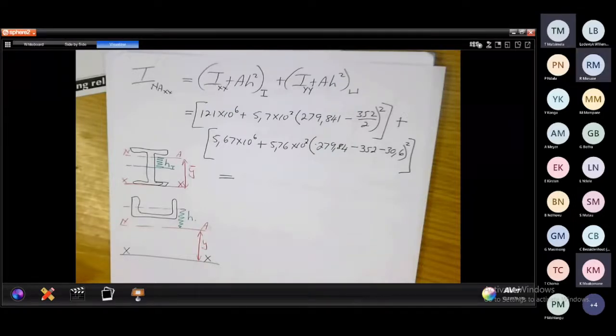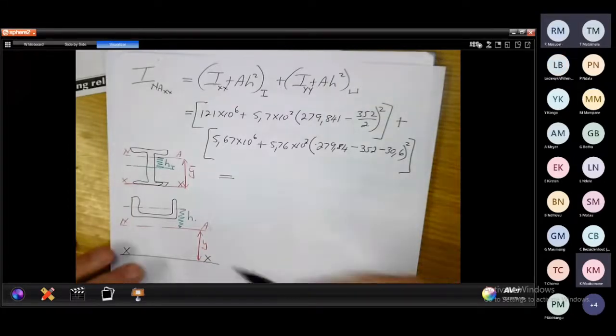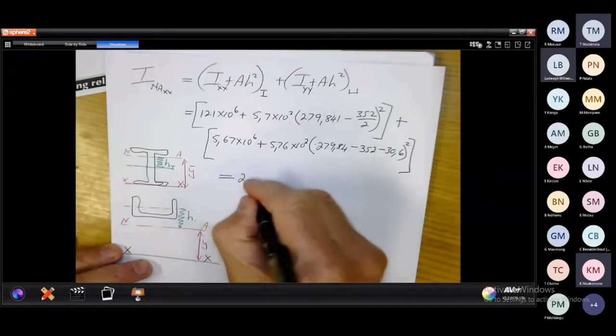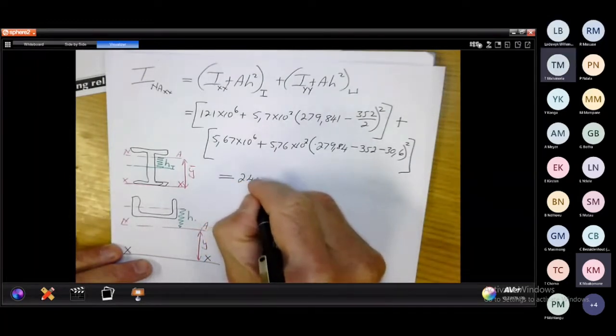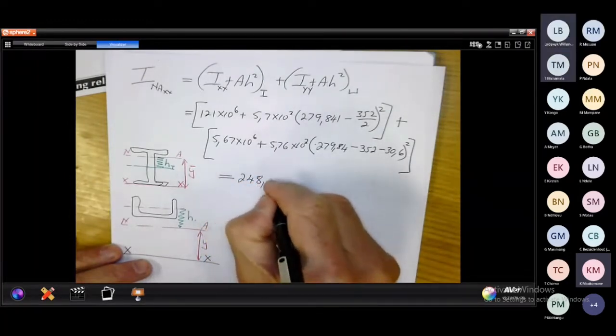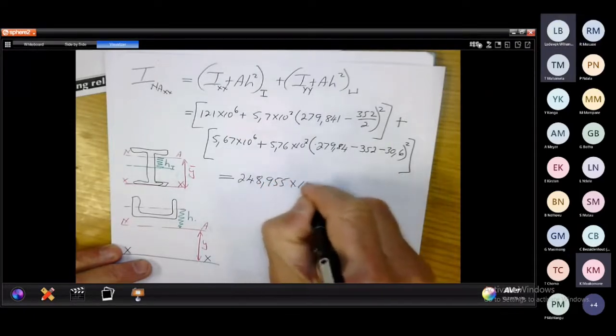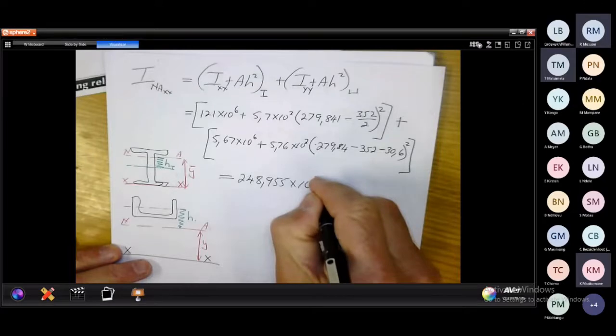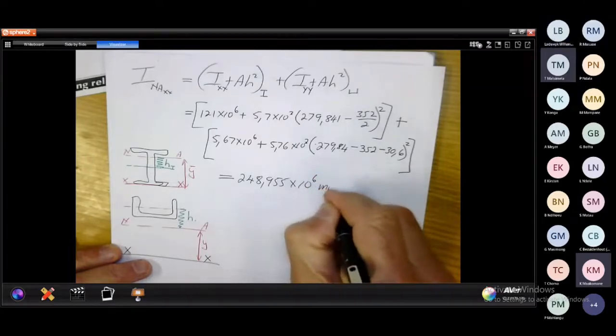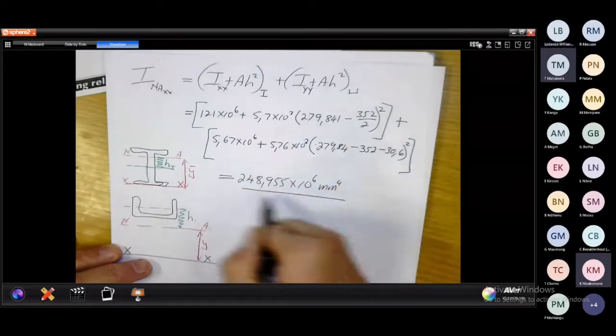So I got 248.955 times 10 to the 6. Come again: 2, 4, 8.955 times 10 to the power 6 millimeter to the fourth.